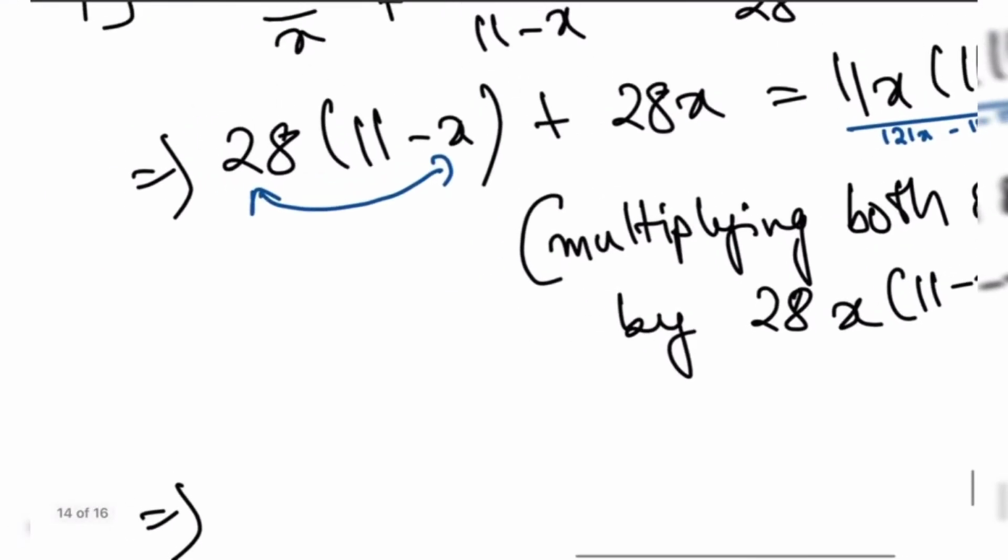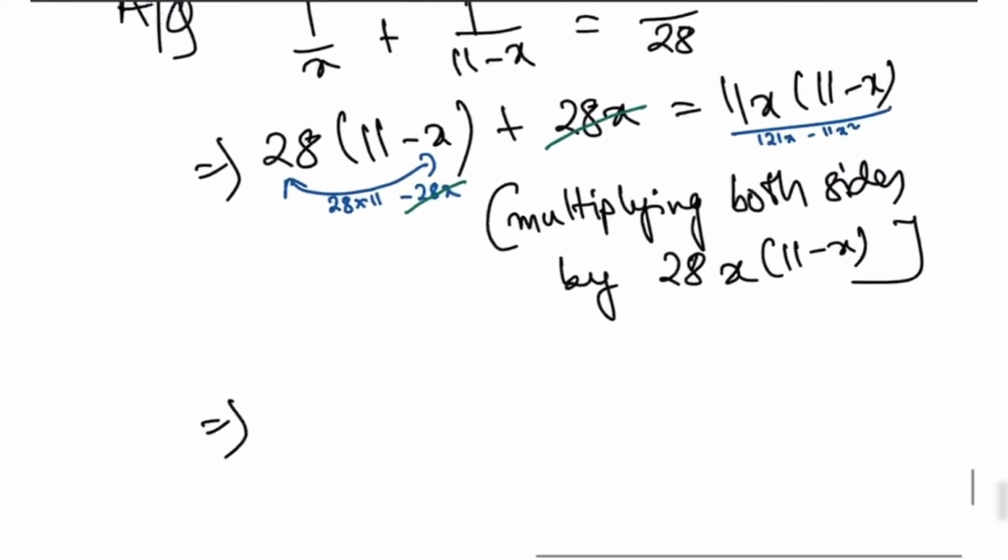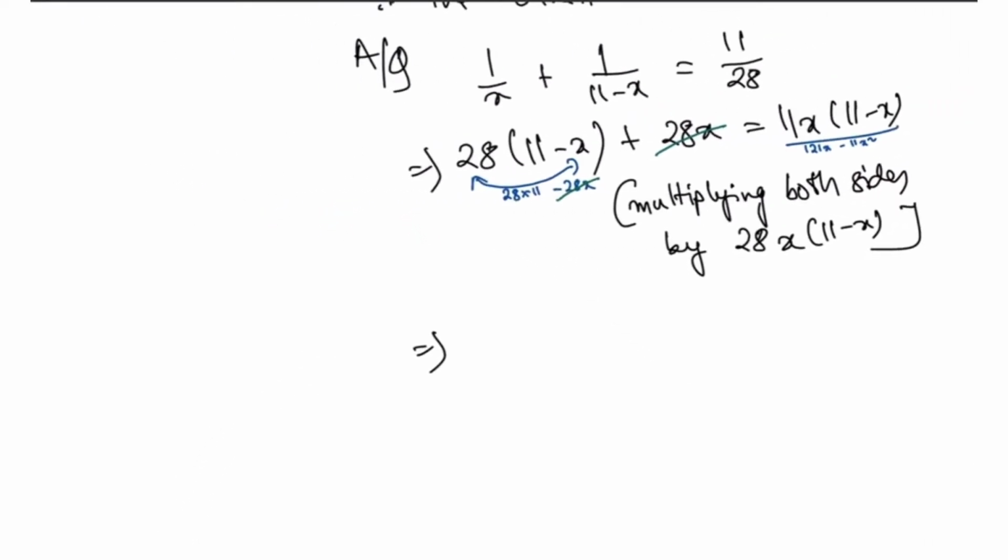Here you have 28 times 11 minus 28x. Now this minus 28x is going to get cancelled with this plus 28x. So let us write what we are left with. So you have a minus 11x square here. Let us bring that to the left hand side. 11x square minus 121x, and then you have plus 28 times 11 equals 0.